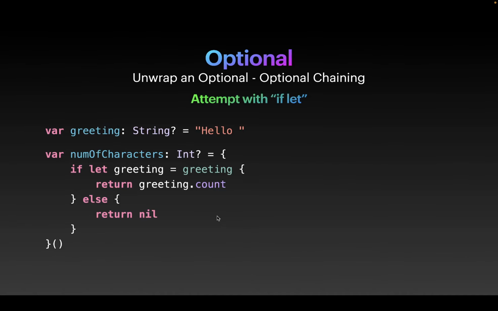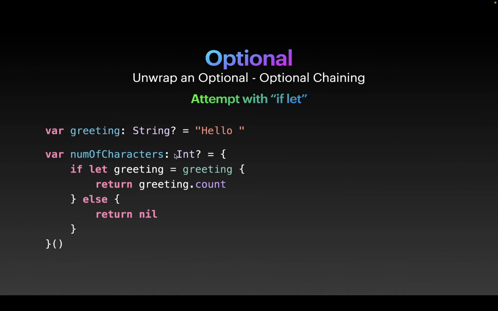Inside this code block, we just use an if let. In this branch, if the greeting has valid data inside, we just return the count. Else, we return nil. So in this case, number of characters is essentially an optional integer. It's not an integer, it's an optional integer.